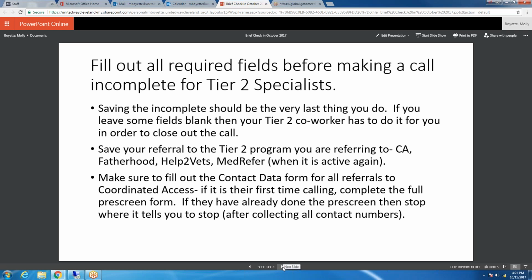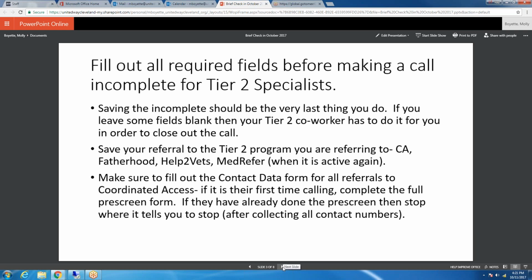If you're leaving fields blank, or not filling out that data page, then you're just relying on your Tier 2 coworker to do it for you, and we don't want to do that. So be complete with your referral. Make sure that you save your referral to the Tier 2 program, whether it's CA, Fatherhood, Help to Vets, or MedRefer, once that's active again, and fill in all the data.